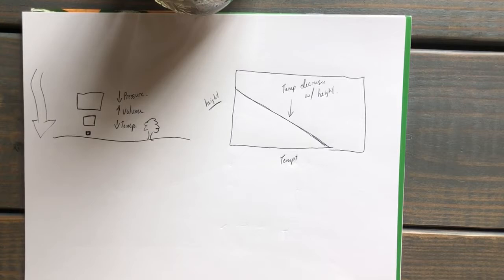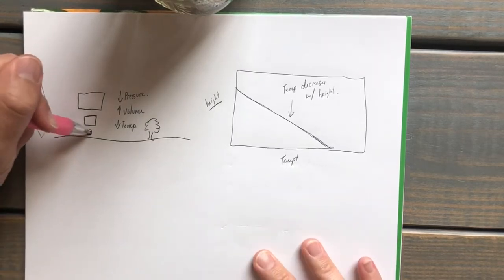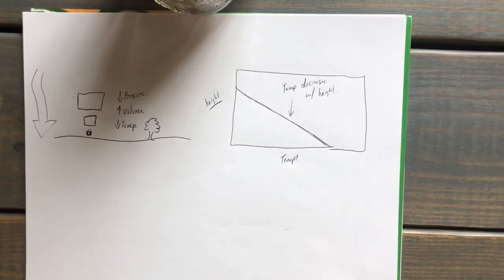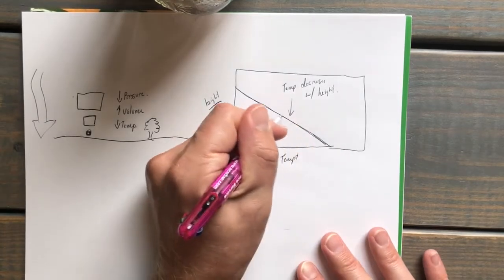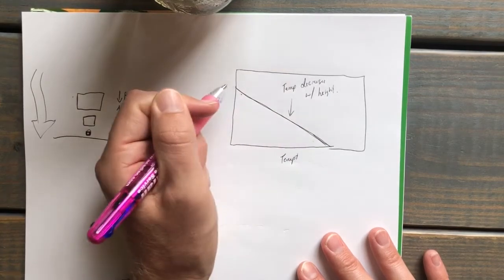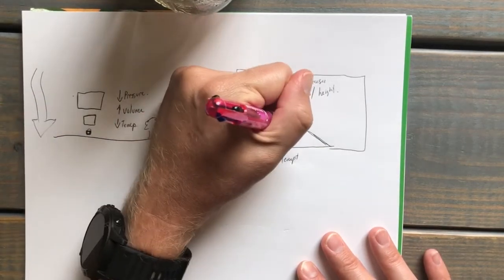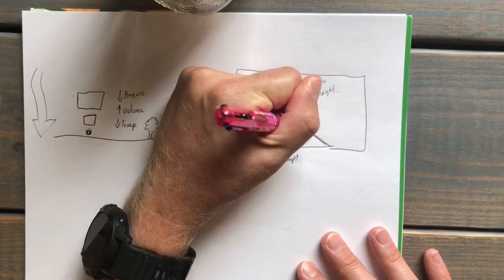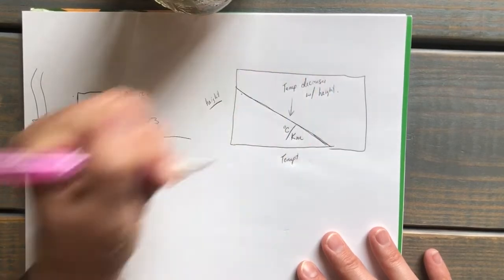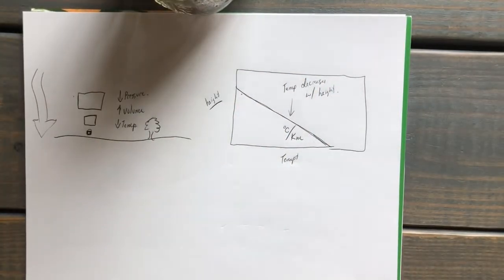And we can calculate how much a rising parcel of air decreases in temperature and relate that as what is called the lapse rate. So basically the steepness of this slope is the lapse rate, and it is commonly expressed in degrees Celsius per kilometer, but you can use different units.